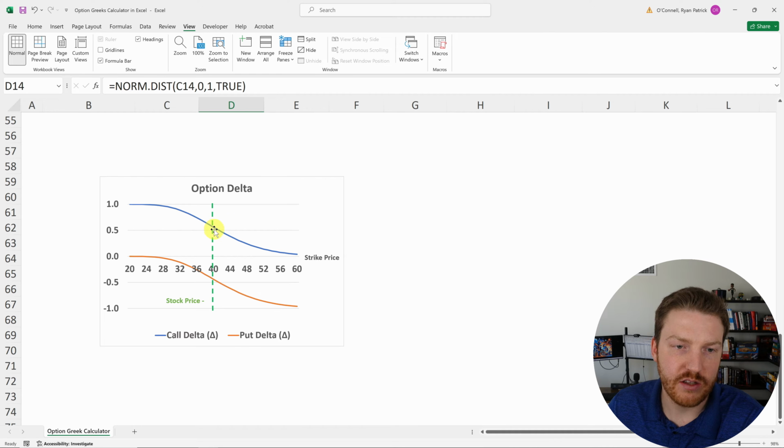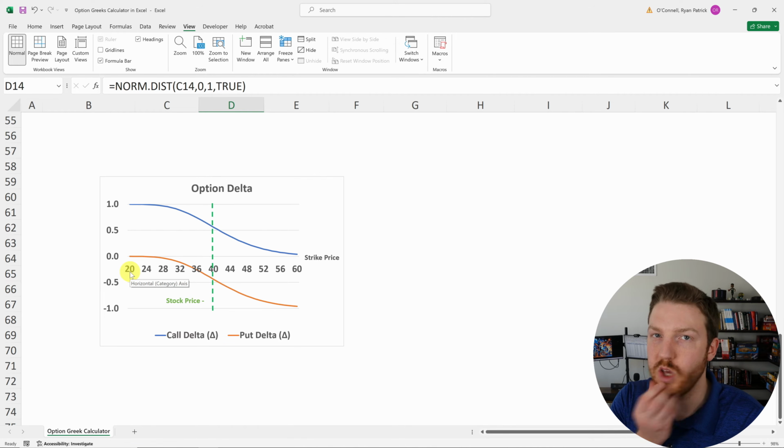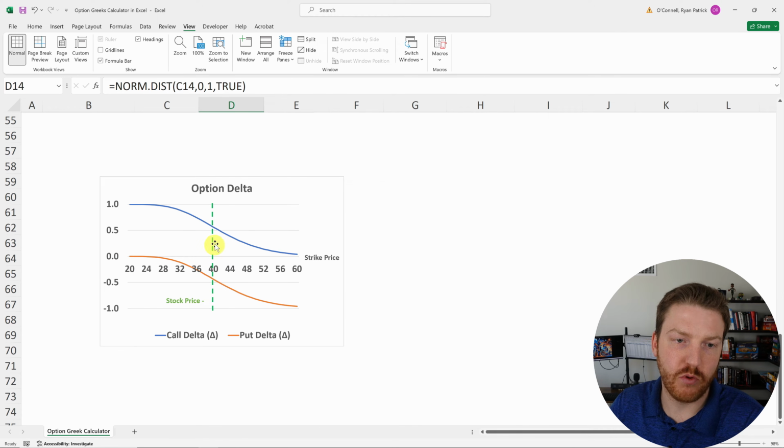And then as these strike prices increase and the option gets more and more out of the money, we see this option delta decrease and decrease and decrease. And why is this? Because let's say we have an option with a strike price of $20, and the current stock price is $40.